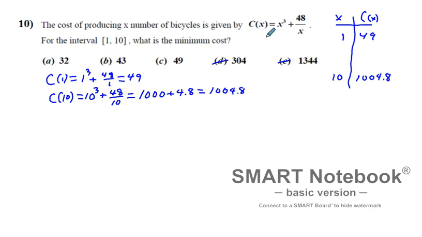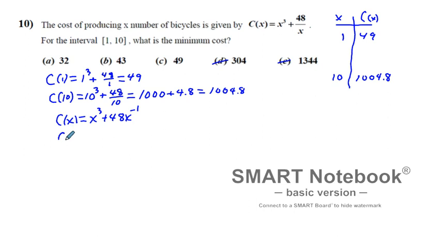Next, we're going to look for any critical numbers to see if we have one of these other two answers besides C. We're going to find our first derivative and set that derivative equal to 0, or where that derivative is undefined. So I'm going to rewrite this in calculus friendly form. C of x equals x cubed plus 48 x to the negative 1 power.